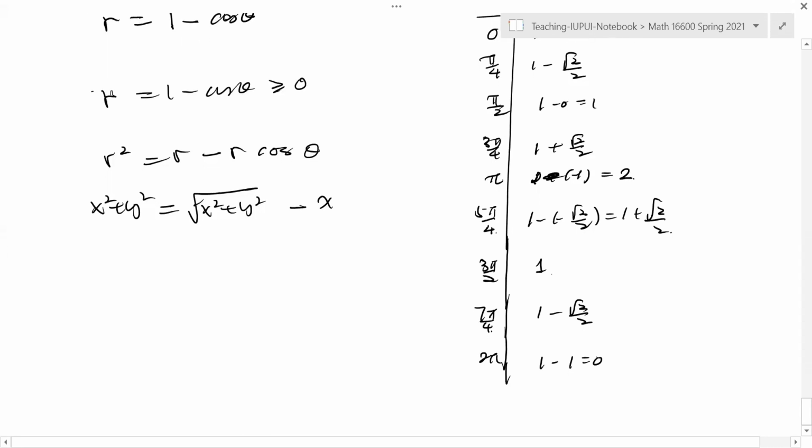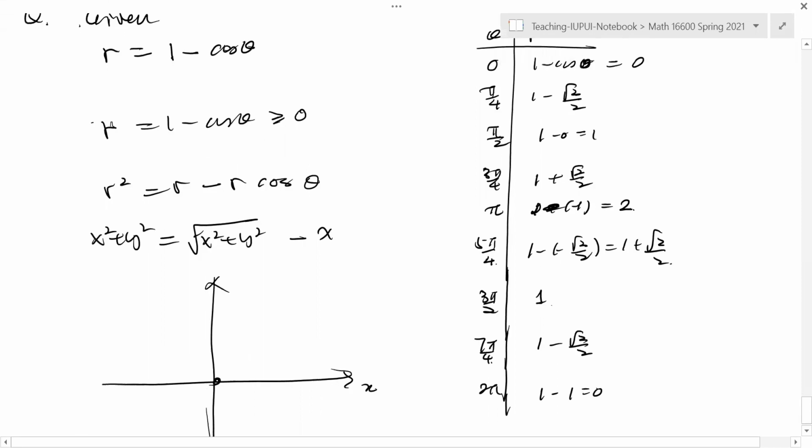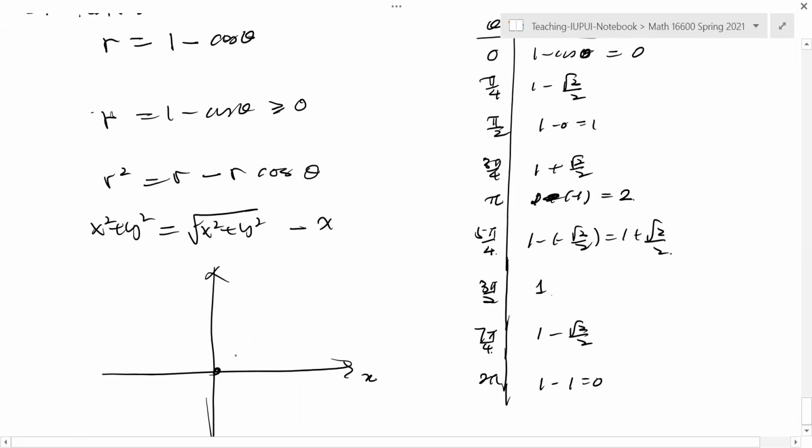And you have to plot them in the XY plane. When theta is 0, this is it. When theta is pi over 4, you get a number smaller than 1. When theta equals pi over 2, you get a 1. So this is a 1.